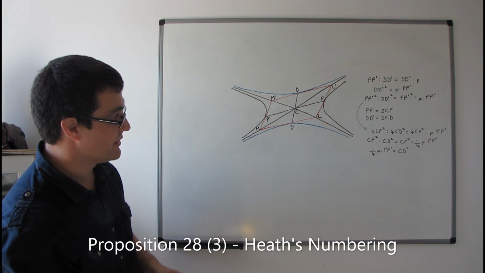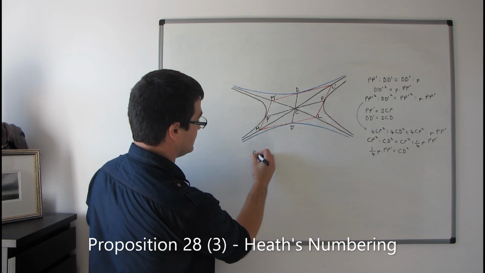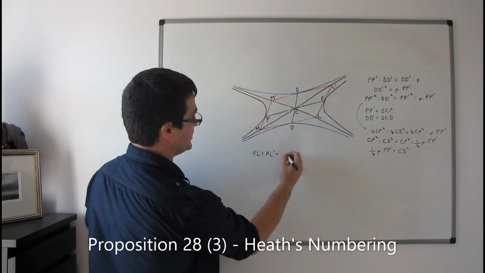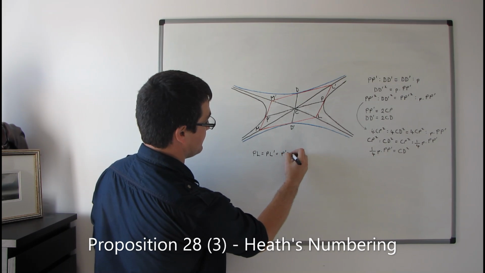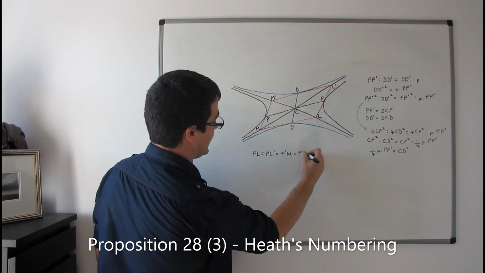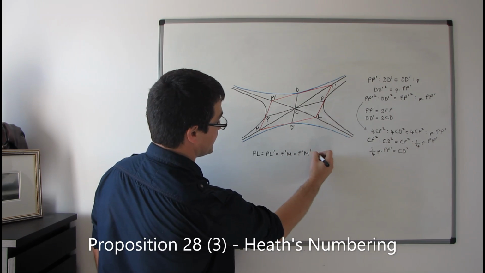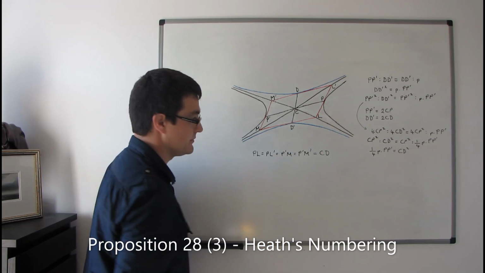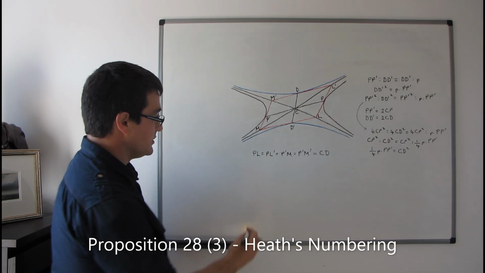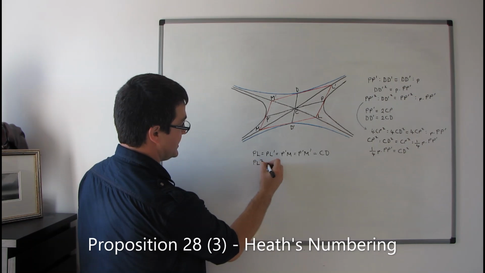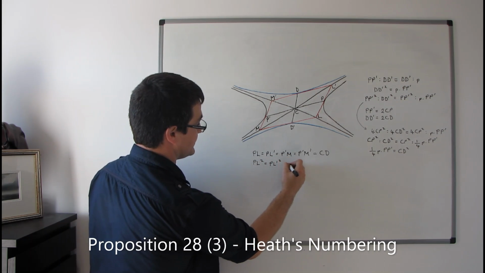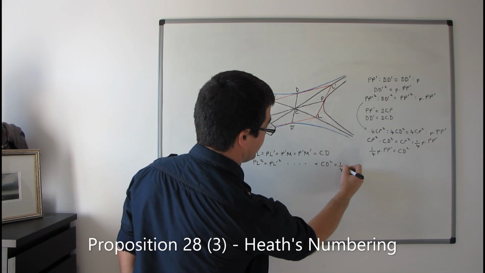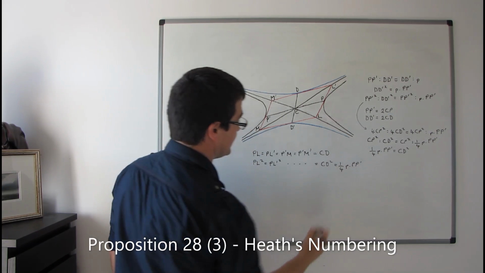So what we can say from that then is that PL is equal to PL primed, which is equal to P primed M, which is equal to P primed M primed, which is also equal to CD, since PP primed bisects DD primed. So now squaring all of these, I'll get that PL squared is equal to PL primed squared, etc., is equal to CD squared, which is equal to a quarter p times p primed.